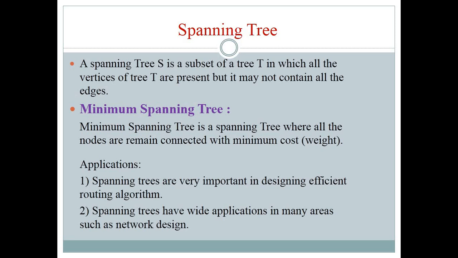Now, applications of minimum spanning tree are: first, minimum spanning trees are very important in designing efficient routing algorithms, and second, they have wide application in many areas such as network designing. This network designing issue we will understand by an example.